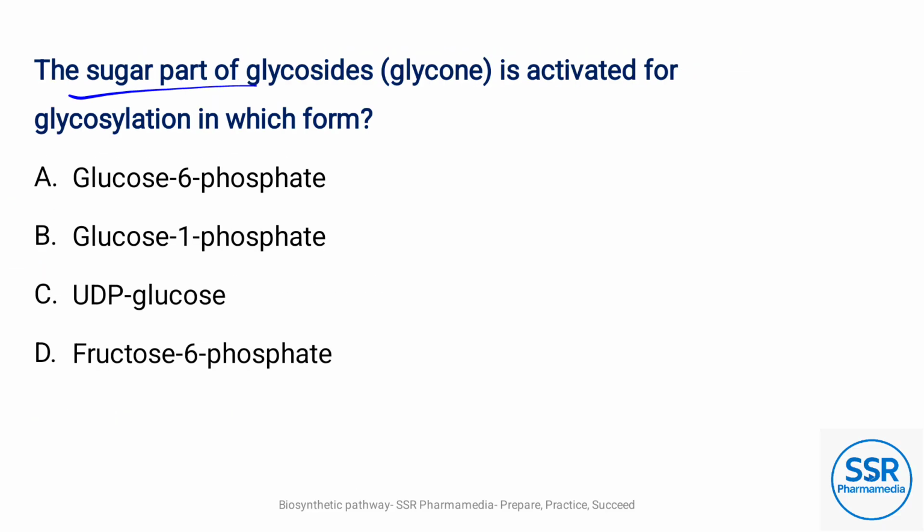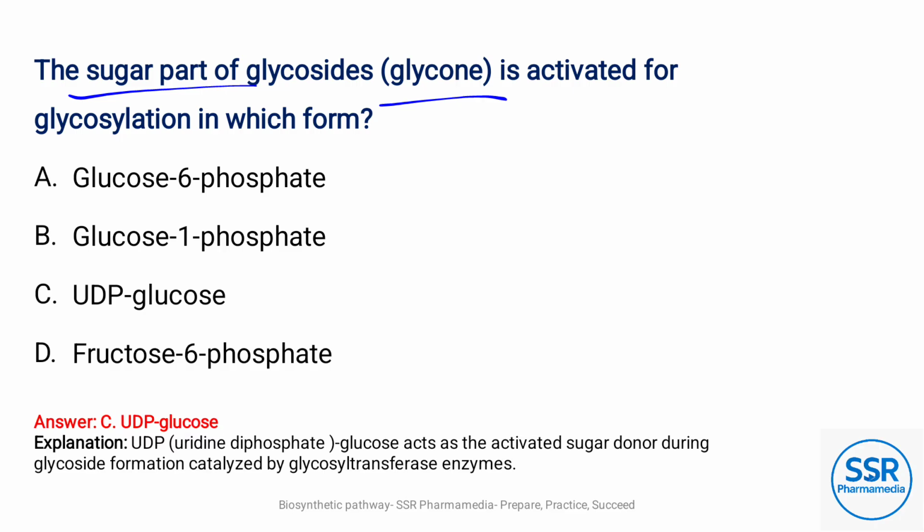Next, the sugar part of the glycosides, or glycone, is activated for glycosylation in which form? The answer is option C, uridine diphosphate glucose. Uridine diphosphate glucose acts as the activated sugar donor during glycoside formation, catalyzed by glucosyltransferase enzyme.